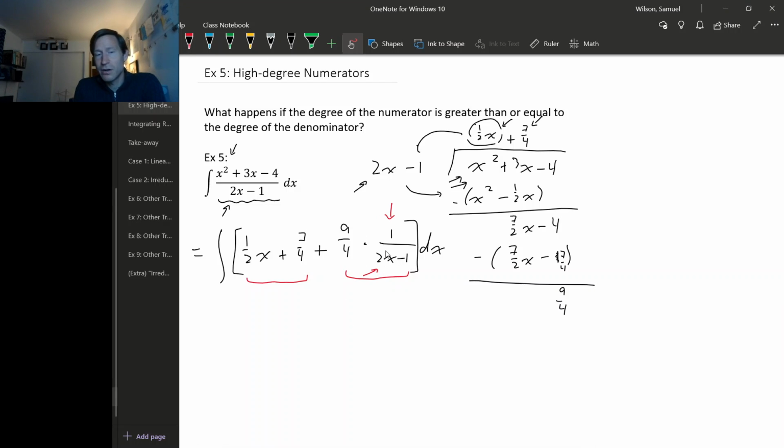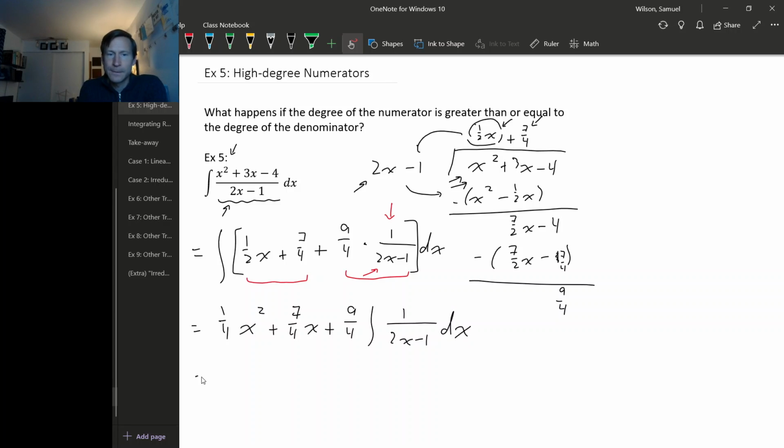This one in particular, we can integrate just by doing a little u substitution. So integrating 1/2 x gives us 1/4 x squared, plus the integral of 7/4 is 7/4 x, plus, let's move this 9/4 outside of the integral, the integral of 1 over 2x minus 1 dx. So 1/4 x squared plus 7/4 x plus 9/4.